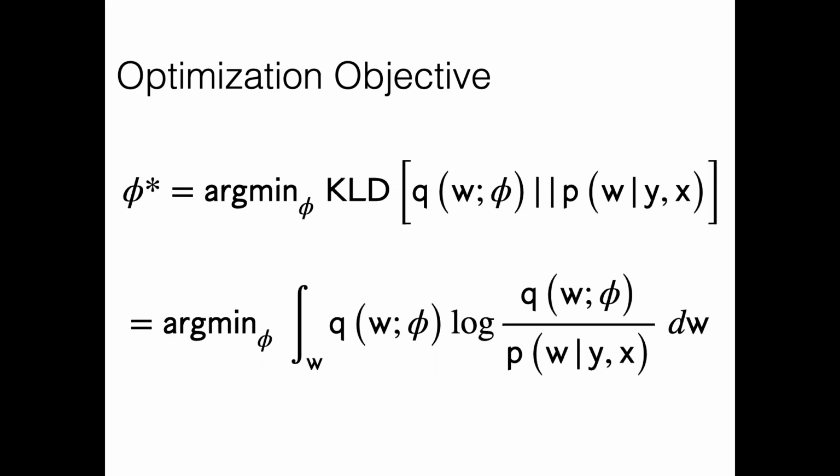This definition. And now we know the true posterior is a function of Bayes' rule, right? So we can just rewrite it with Bayes' rule.